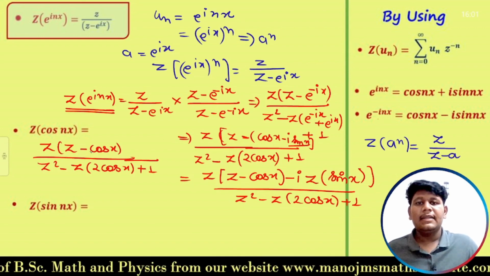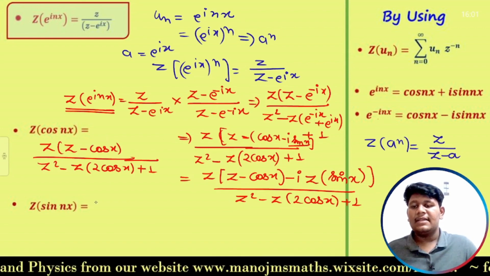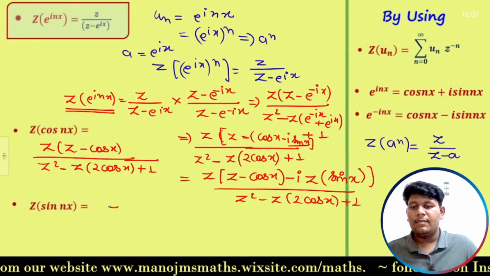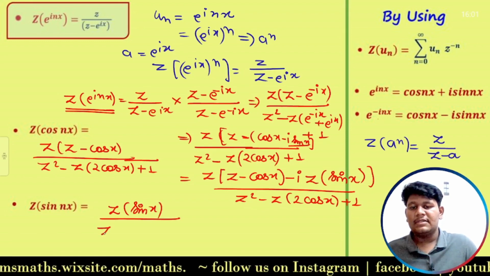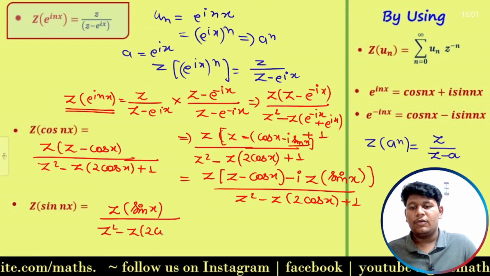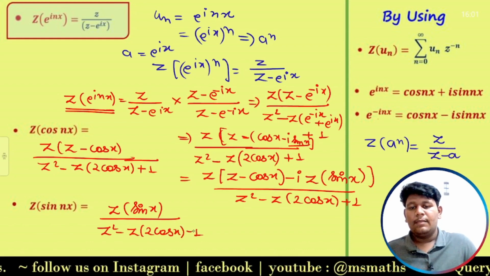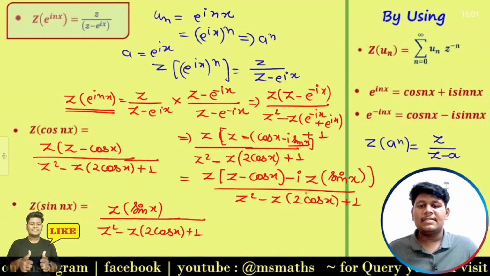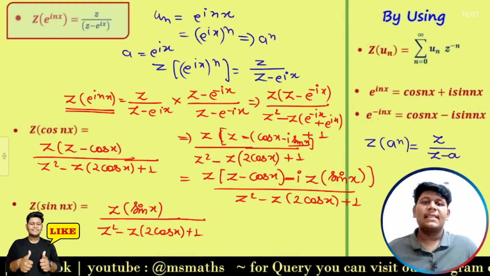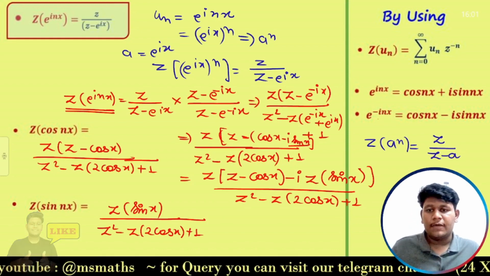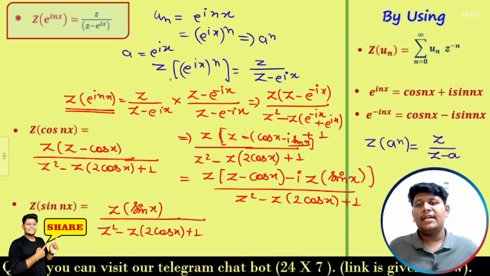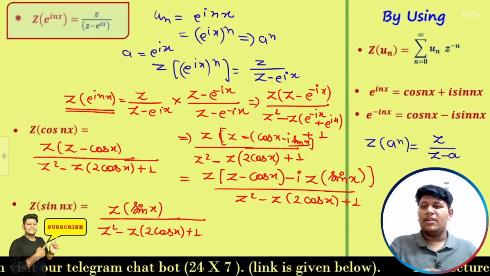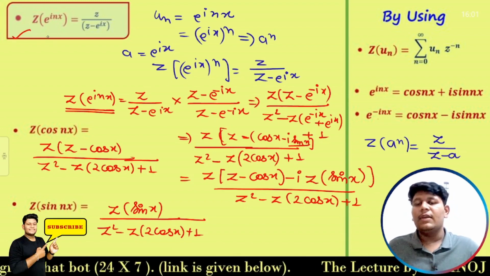This is the z transformation of cos of nx, and the imaginary part is nothing but z sin of x upon z square minus z into 2 cos of x plus 1. The denominator is the same on separating the real and imaginary parts. So this is the z transformation of cos of nx and sin of nx both. You can easily calculate by this.